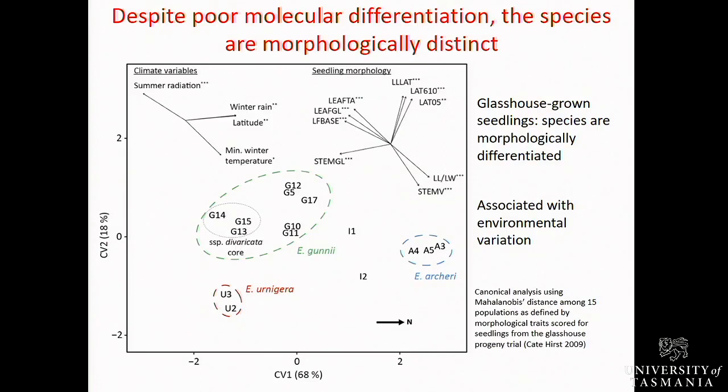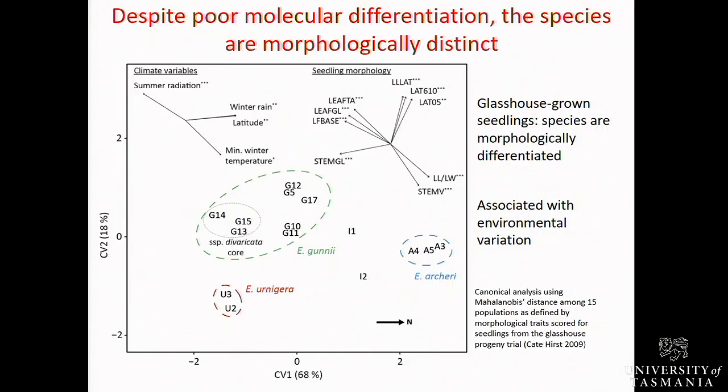So it's not just environmental variation across that cline causing the differences in morphology, there is genetic variation there as well. And so, yeah, the species are morphologically distinct. We've got Archeri, Gunnii, ernidra clustering, and a couple of intermediate populations that were sampled in that cline do fall in between.